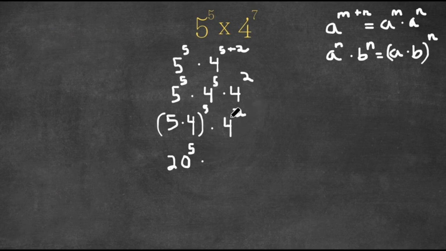times 4 squared. Well, 4 is the same thing as 2 to the power of 2. So now we have 20 to the power of 5 times 2 to the power of 2 to the power of 2.